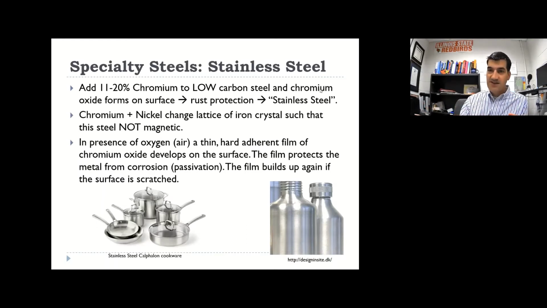The chromium oxide remains bonded to the lattice structure of the steel. All right, so if it doesn't peel away, then it doesn't expose the new surface to further oxidation. And so it's actually like the oxidation layer around the outside of the material protects the rest of the material inside.